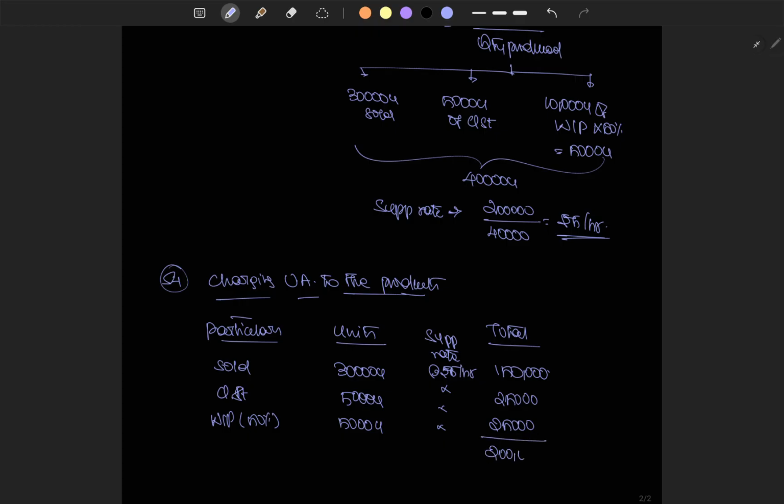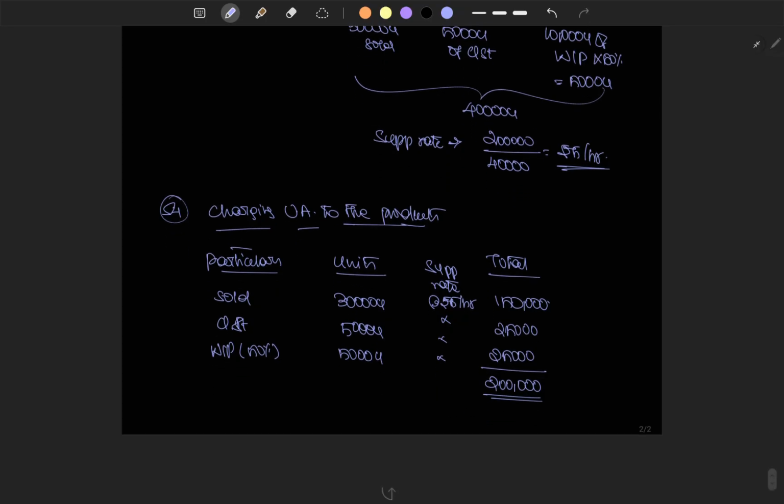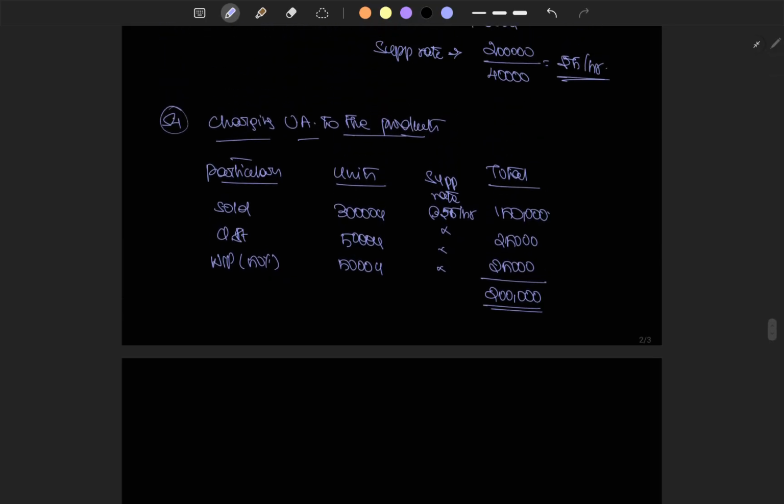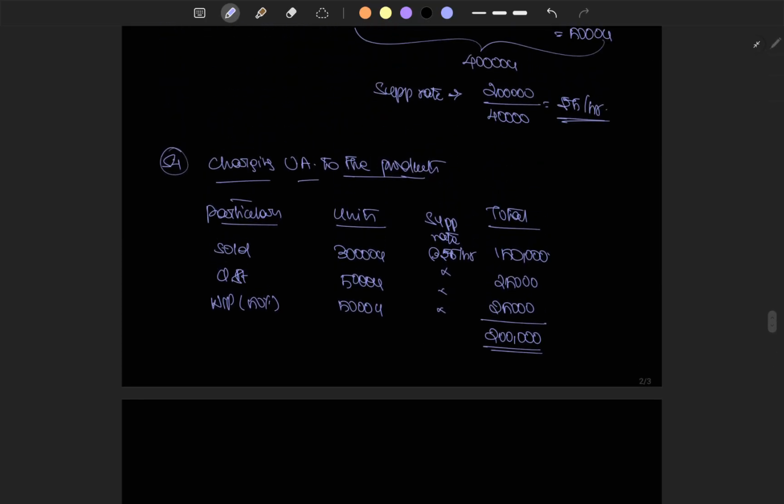So total 2 lakhs, which is the under absorbed overhead which has to be charged to the products, product cost.